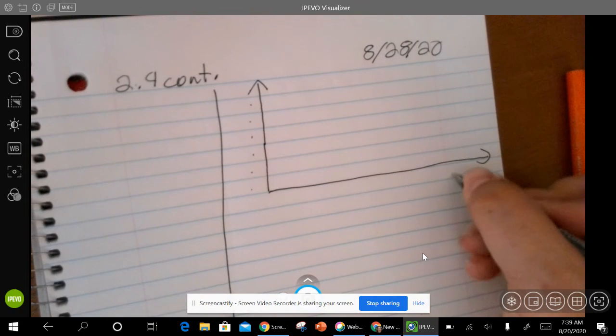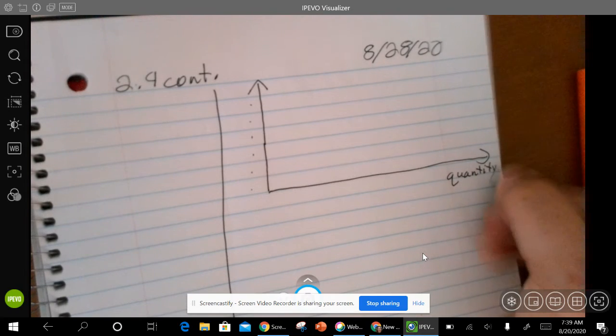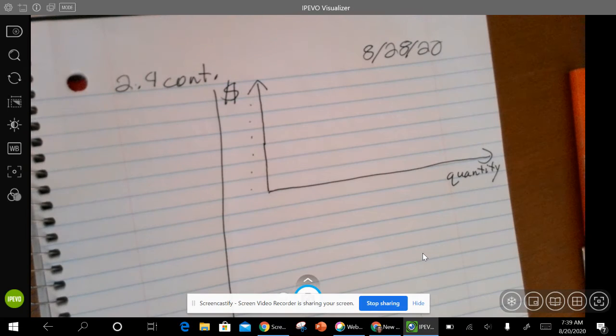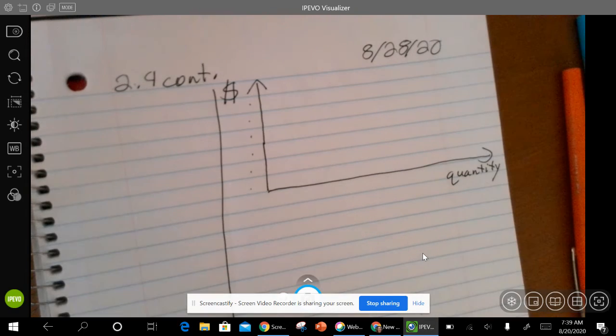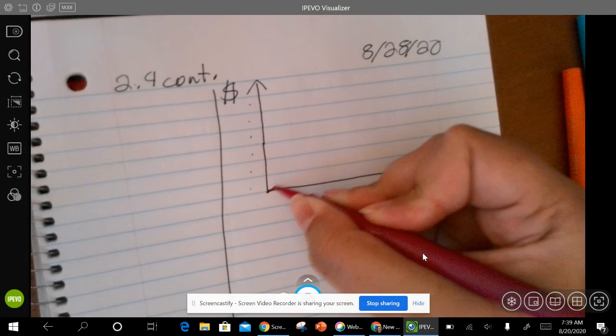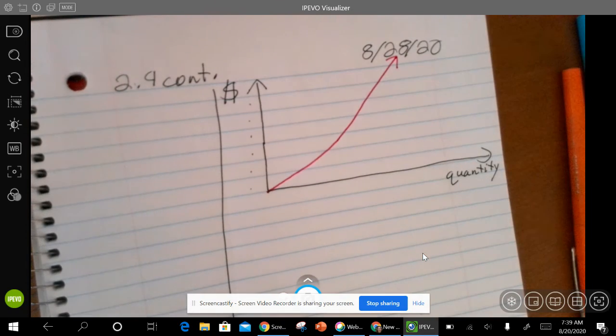Okay, so everybody, on the x-axis is the quantity. And then the amount of money, so for revenue or expense. Okay, so let's say for our revenue, it's going to start from 0. So notice, everybody, it is going to start from 0.